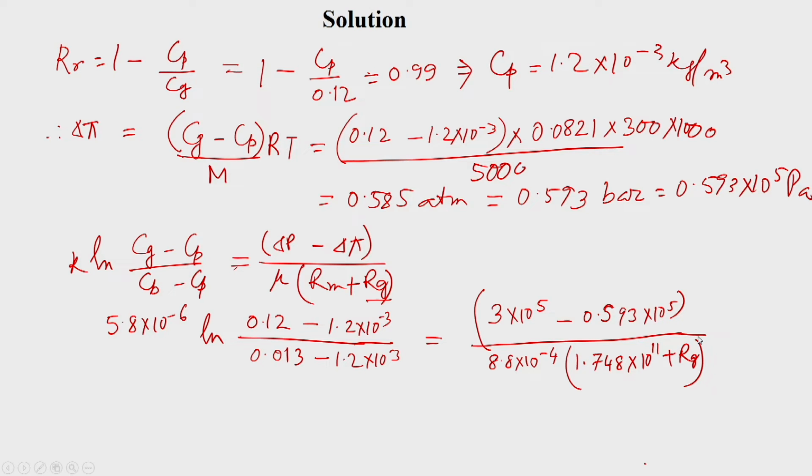Okay. So, from this equation, just by calculating this, we will be getting Rg equal to 2.022 into 10 to the power 13 meter inverse.